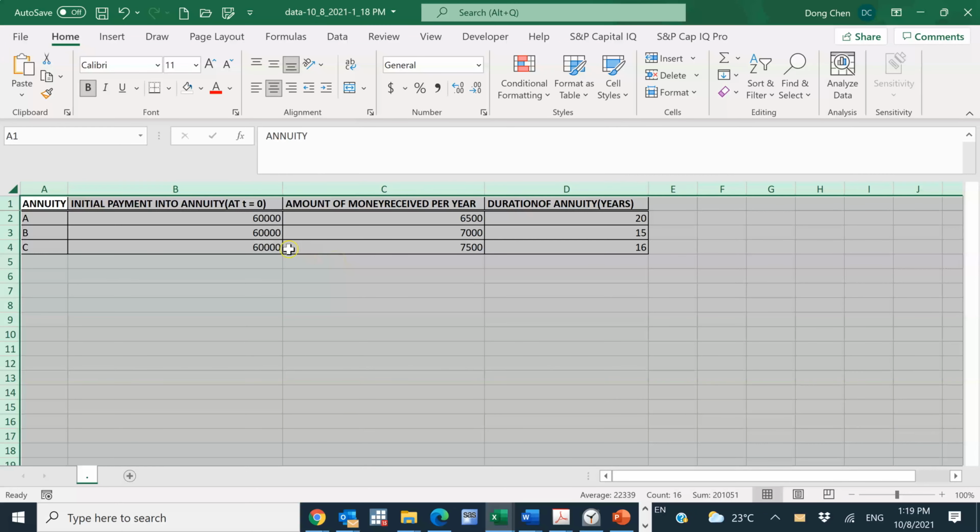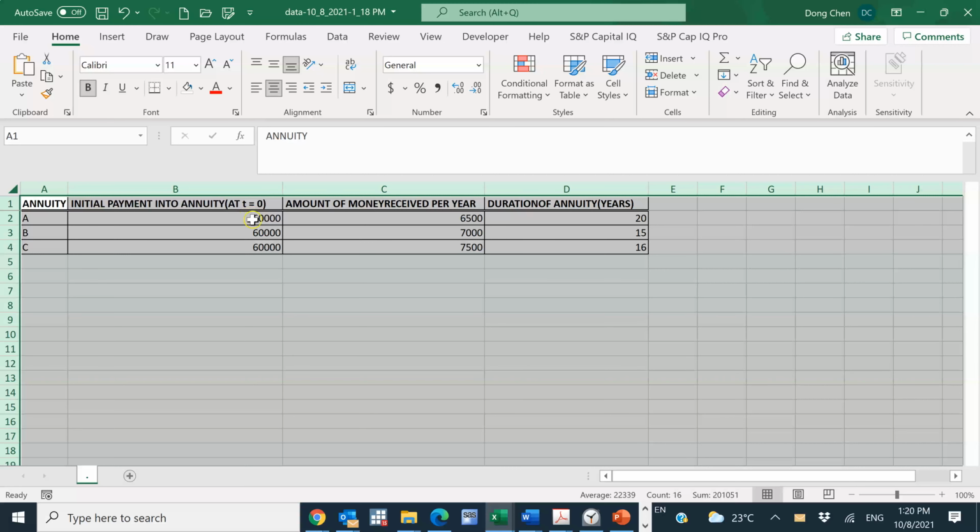We have 3 annuities here, A, B, and C. Each of them requires some initial payment. So this is like our initial investment. And then we have each year the annual payment and the duration of the annuities.